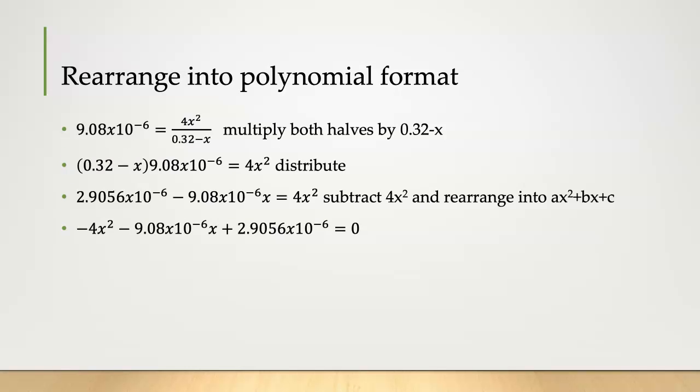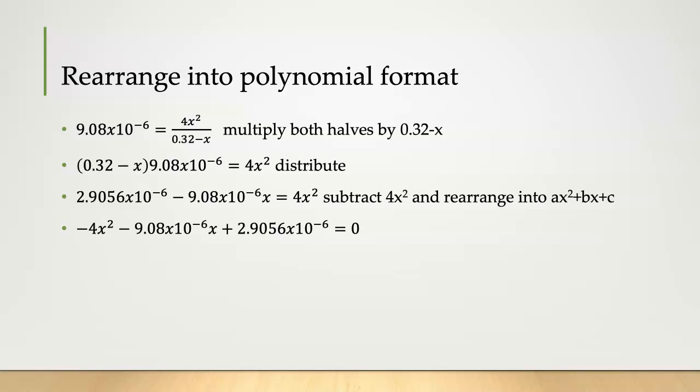So first off, when you have your formula here, 9.08 times 10 to the minus 6 is equal to 4x squared over 0.32 minus x, you have to get that into polynomial format, which is the ax squared minus bx plus c format.